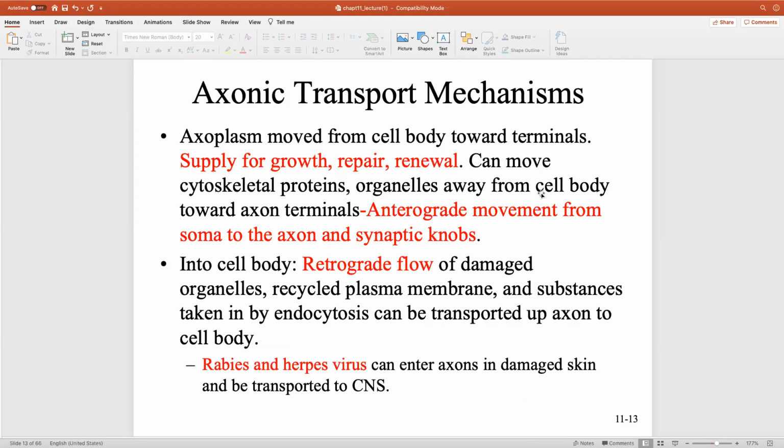The bad thing about this is that because of the retrograde flow, certain viruses can enter the central nervous system by this retrograde flow of axons. The best example is rabies. When you get rabies, the rabies virus is incredibly deadly. If you have gotten rabies and exhibited signs of rabies, the chance of survival once you've exhibited signs is infinitesimal.